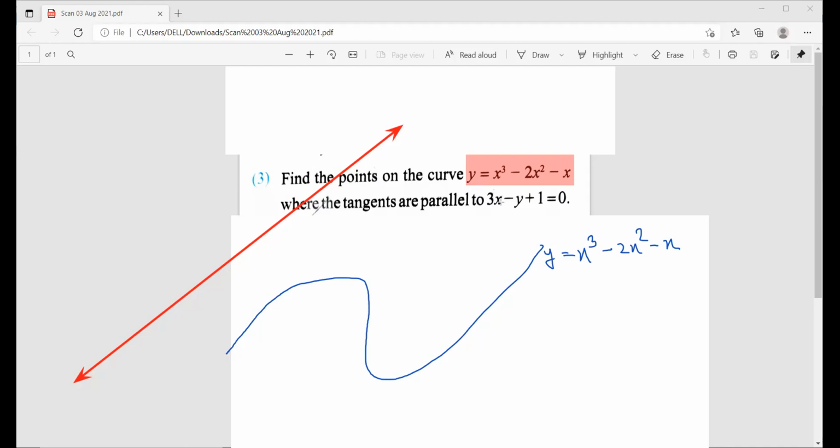This 3x minus y plus 1 equal to 0 is the equation of this line. So I need to draw a tangent which is parallel to this.